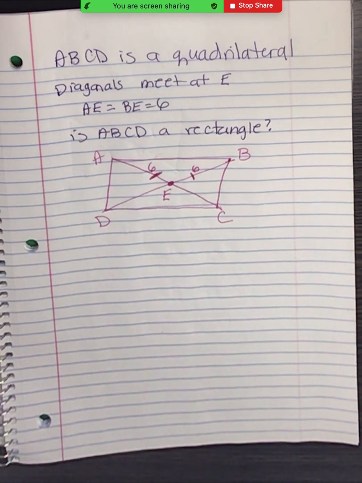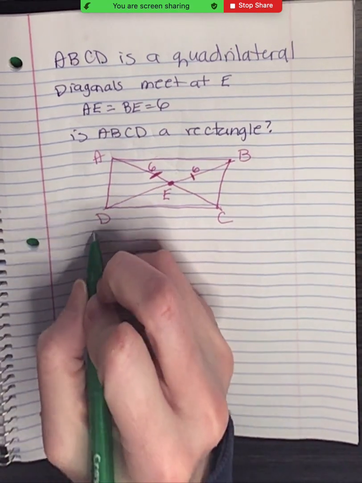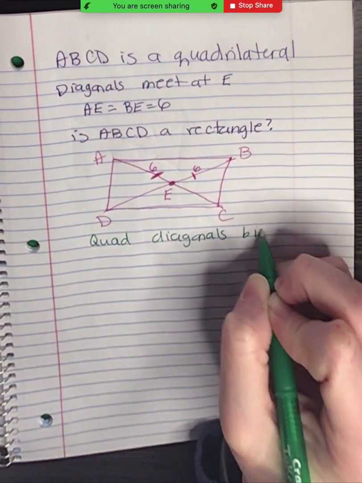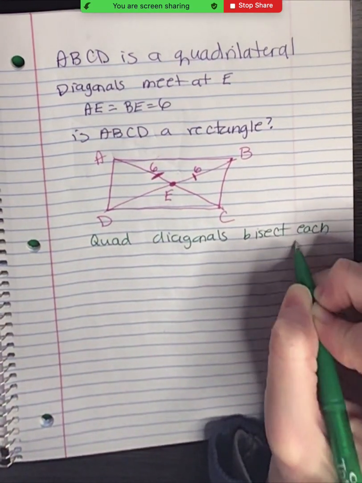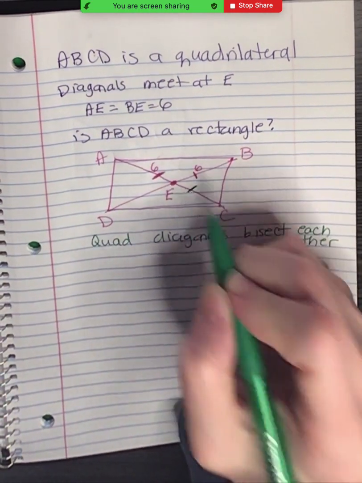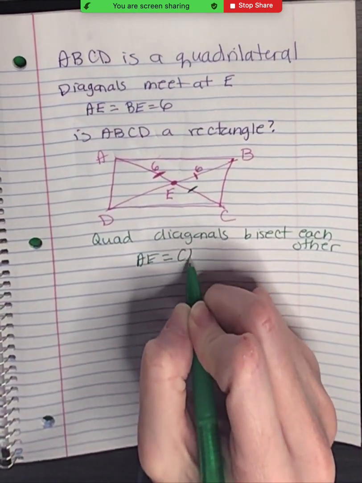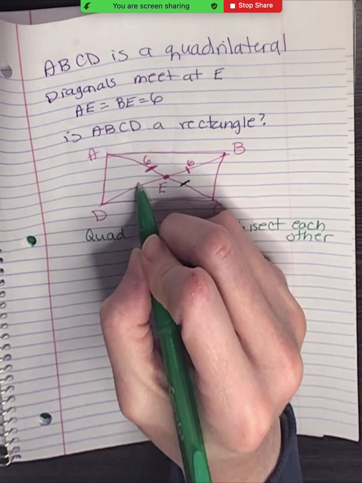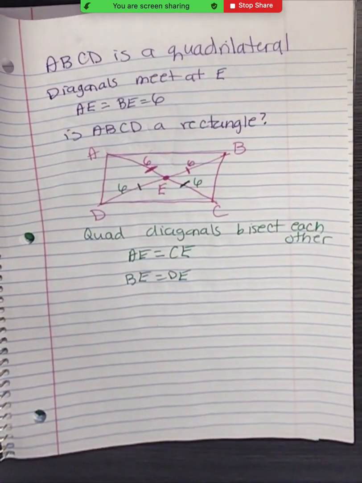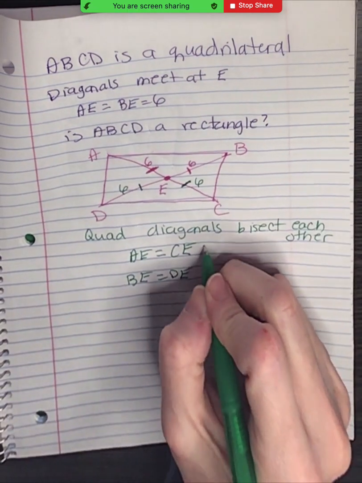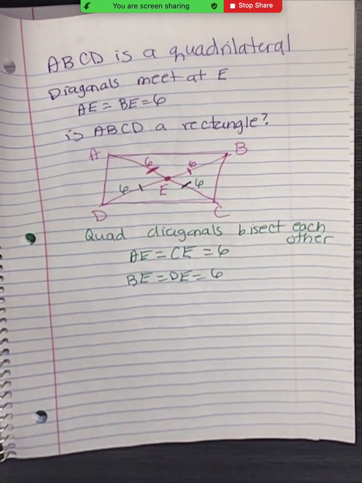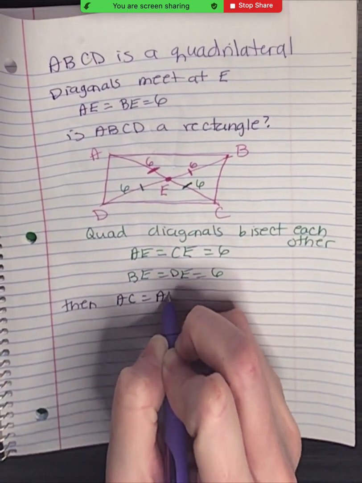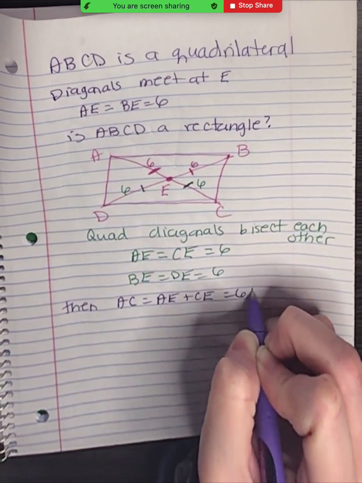We know with a quadrilateral, the diagonals bisect each other. So that tells us that AE is equal to CE and BE is equal to DE. So this is 6 and this is 6. Then you know that AC is AE plus CE, which is 12.